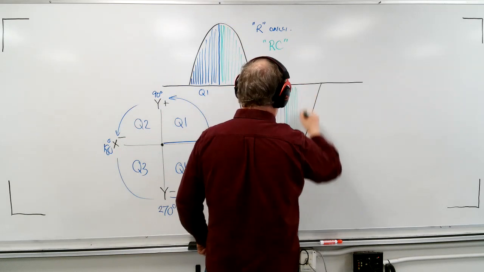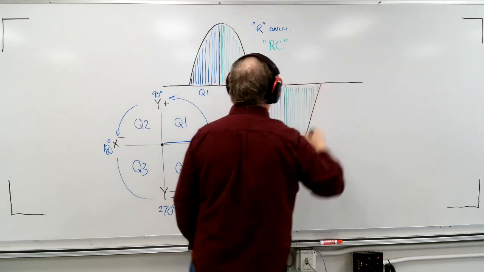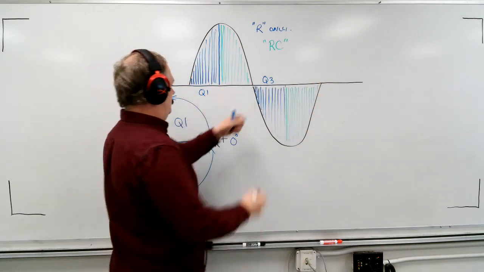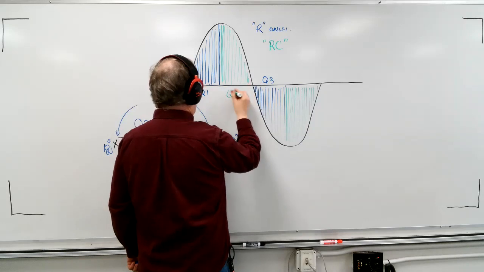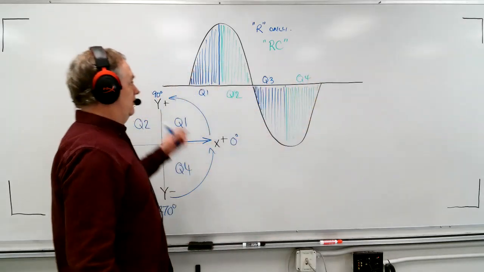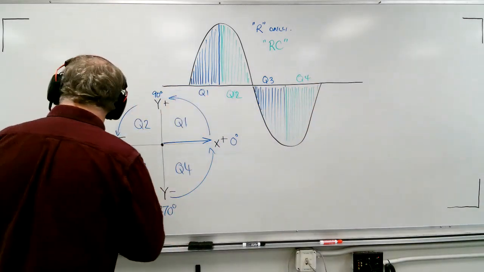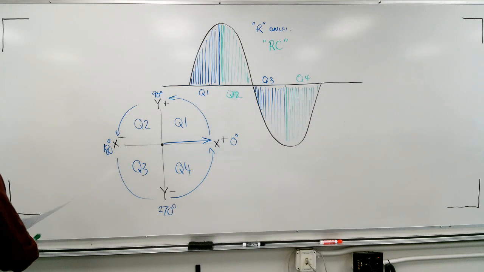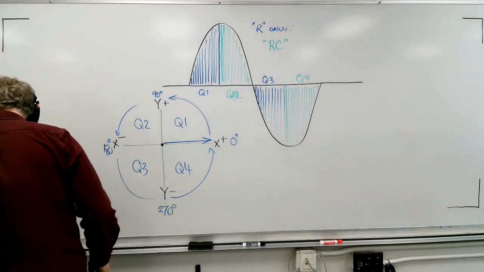So when we move to this, we just add the capacitive part of it, which adds control into quadrant 2 and quadrant 4. So we add control, and now we have absolute full phase control. It's just to give you an idea of the range of control with the triac.